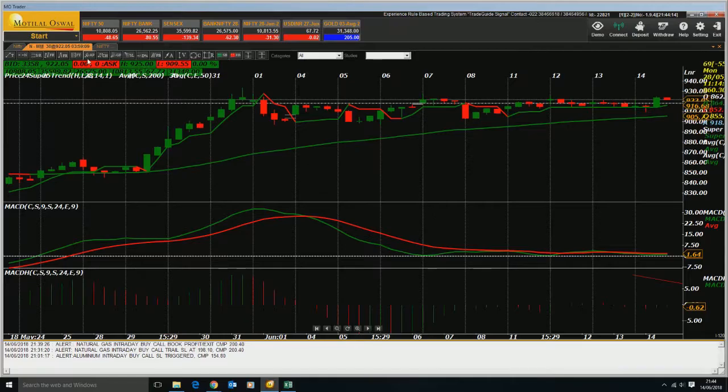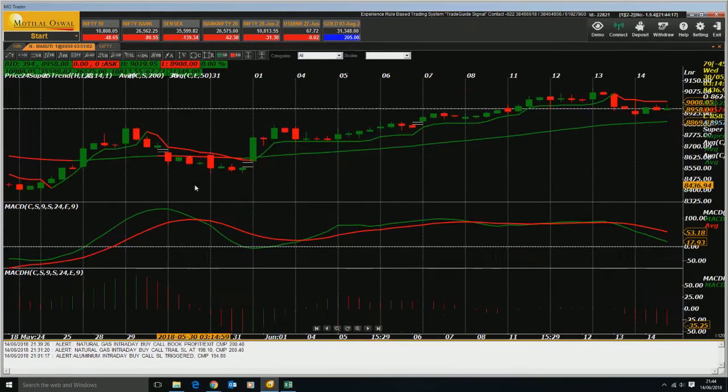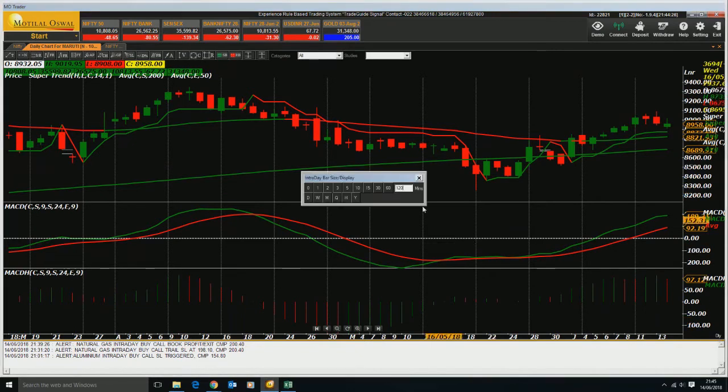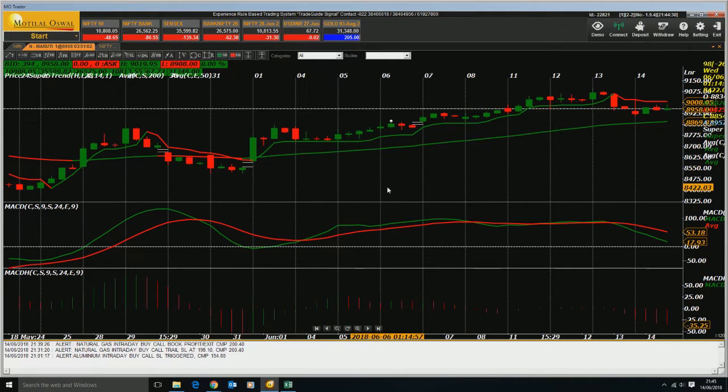Right? Go for Maruti. Daily chart, Maruti, it's in an uptrend. Yes. And in 120 minutes time frame, if I could see, it's giving me a kind of short entry. So it's conflicting information.